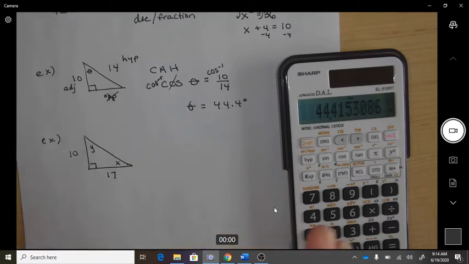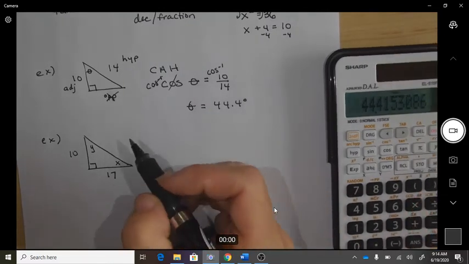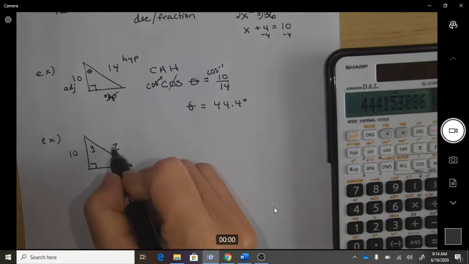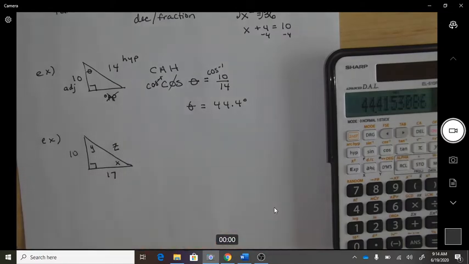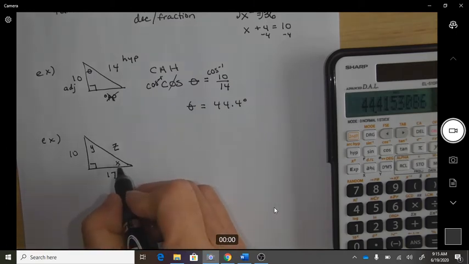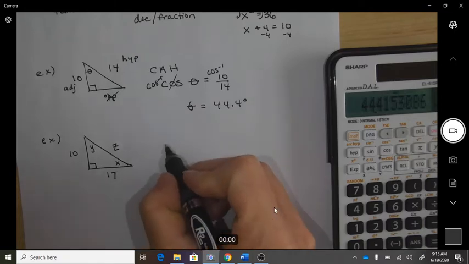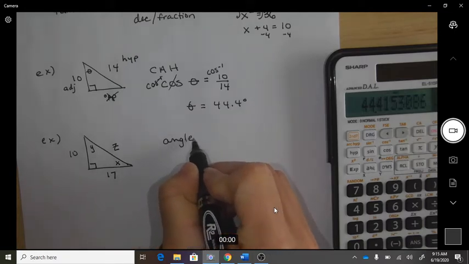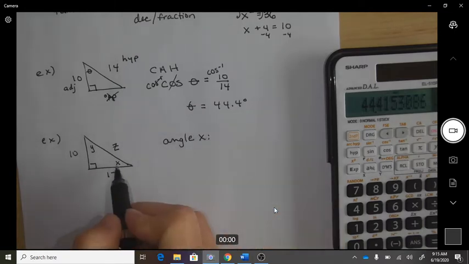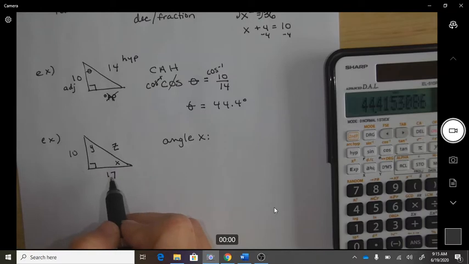Okay, so I have this whole triangle. We're going to solve for this whole triangle. Okay, so if I want angle x, okay, angle x, I want to go with the opposite of x and the adjacent to x.